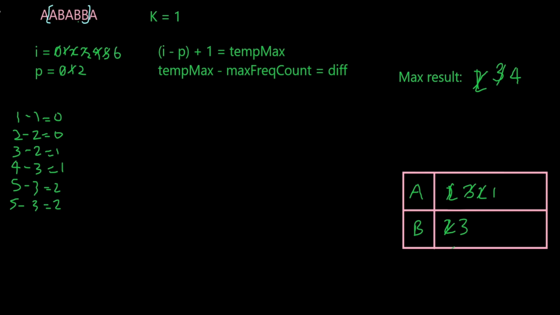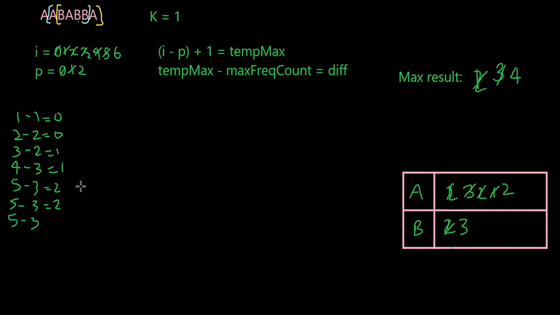And so our window is now going to be over here. And actually, A is also going to increase to 2, once again because it's another A. So now we have a window length of still 5, and the frequency is still 3.